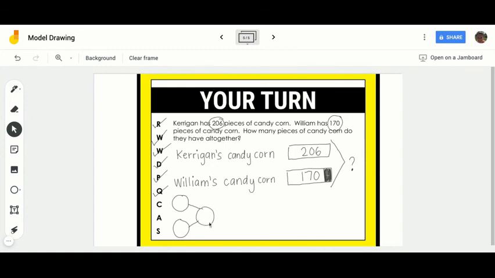Do we have our whole? We don't, so that's where our question mark is. But we do have our two parts. What did you put for your two parts? Did you put 206 and 170?